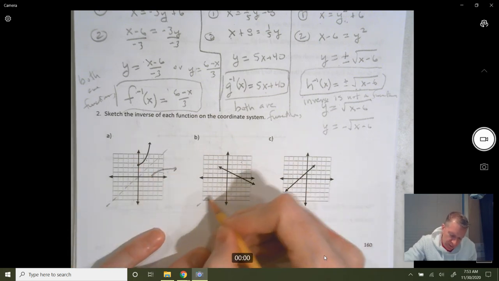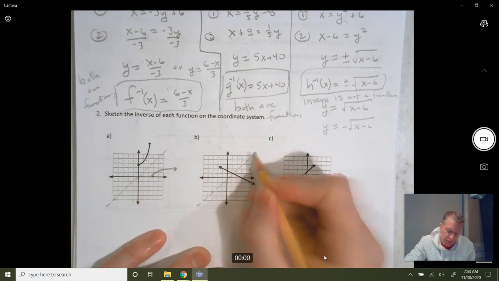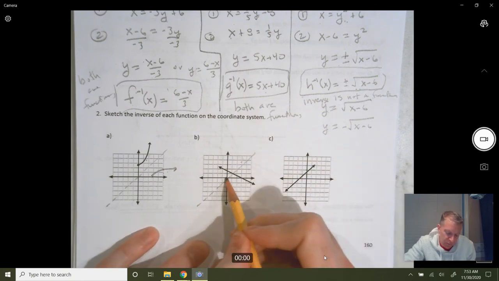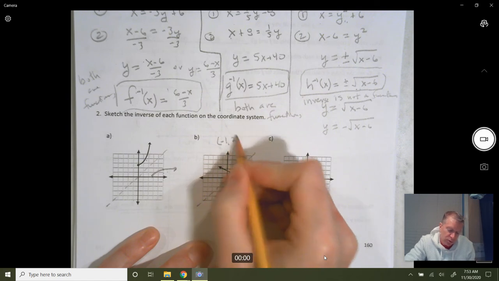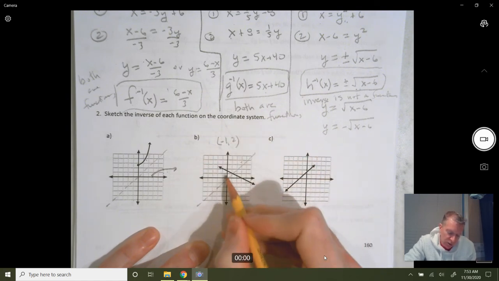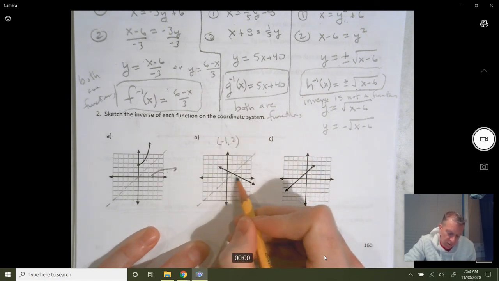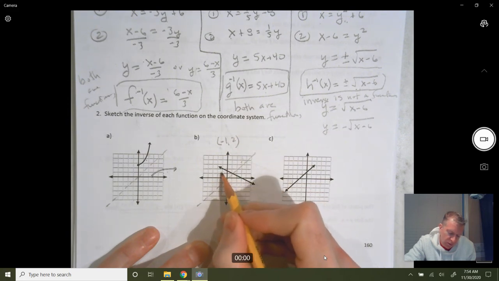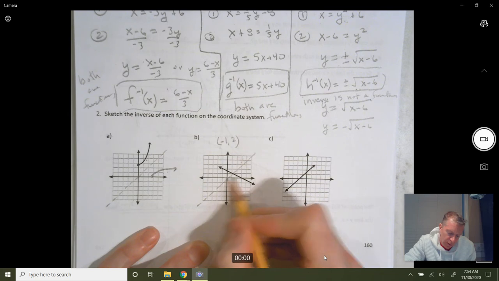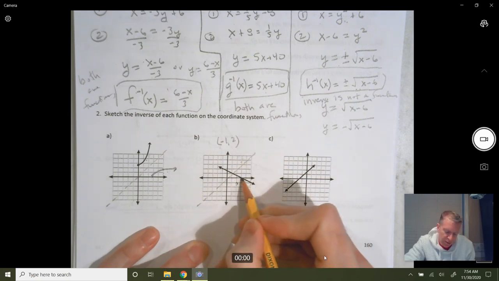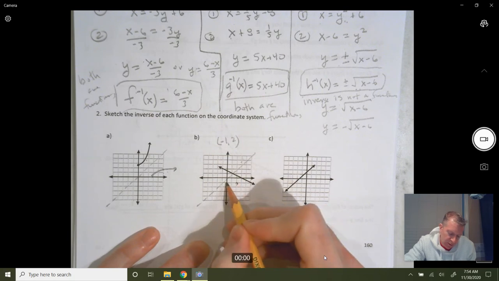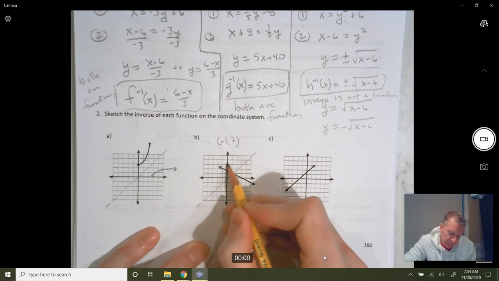Okay, let's do this one. Again, reflections over this line. If you can find a point, it looks like -1, comma 2. When you switch that, that's going to be 2, -1. It's going to be on the inverse. And let's take this point. That's 3, comma 0 becomes 0, comma 3.